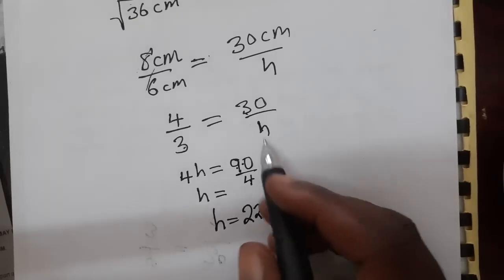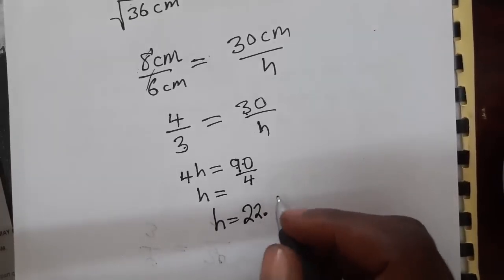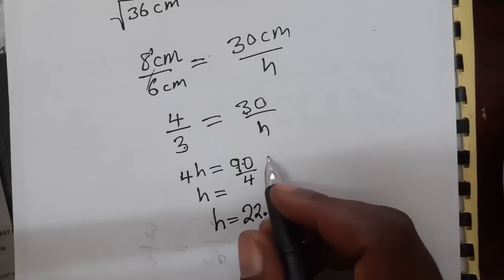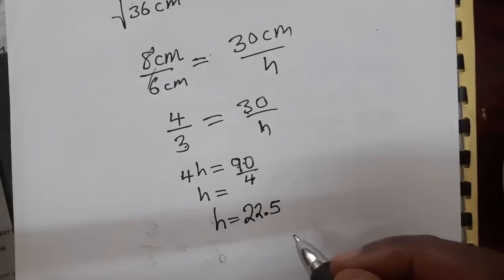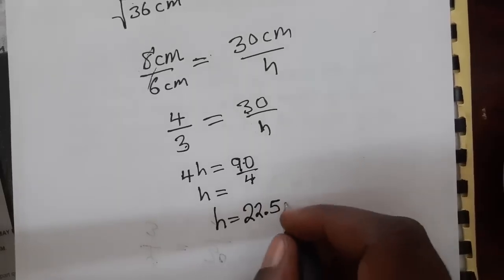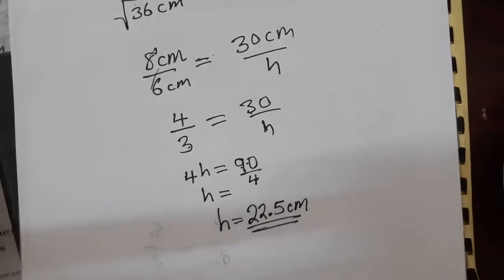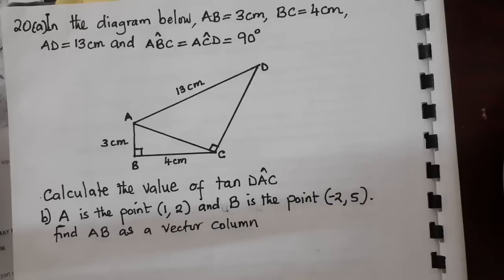On that 2, if you want, you can add a 0. When you add a 0, it becomes 20. 4 into 20, you get 5. This is the answer that you are going to get. So let's go to the next one.